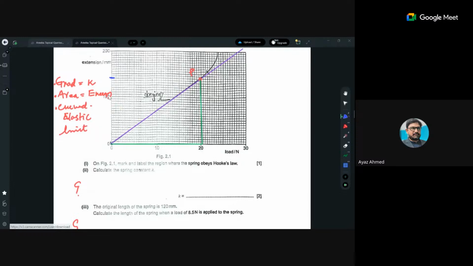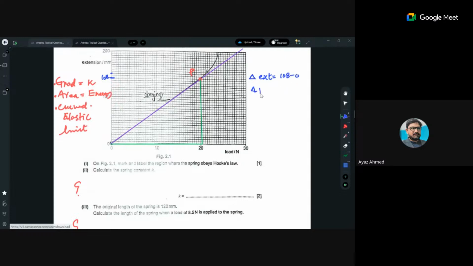For example, this value is 100, then counting 1, 2, 3, 4, 5, 6, 7, 8, it is 108, and then 10 and 20. This is the extension. The extension is basically 108 minus 0, that is the change in extension.